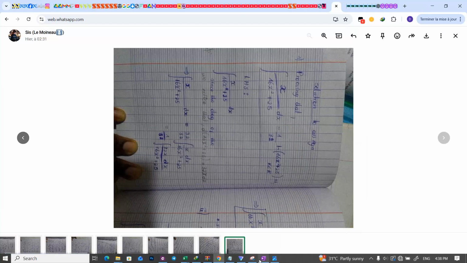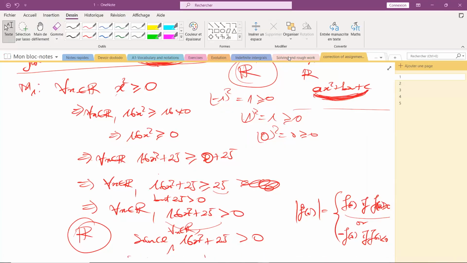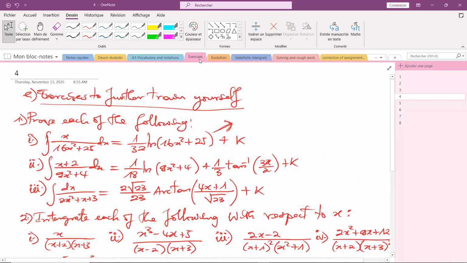That's what you were supposed to do. The same thing in the other exercise. That's how you are supposed to justify it here. You're supposed to justify the same thing here before removing the absolute value sign. So take note of that. That's how you're supposed to do things.